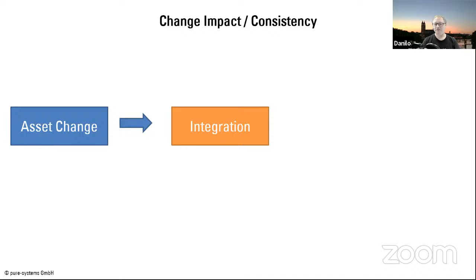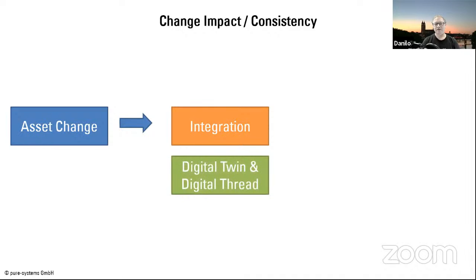Of course, you can sometimes take a shortcut, but in the end, for many changes, there is no other way than to integrate this, see what it does, and then ship it downstream to the deployment or wherever it goes. So this is a typical thing which is not specific to product lines. What is specific to product lines is that, at the moment, we don't see any approach which does that for a product line as a whole. So which means you have to run this for each of your instances.